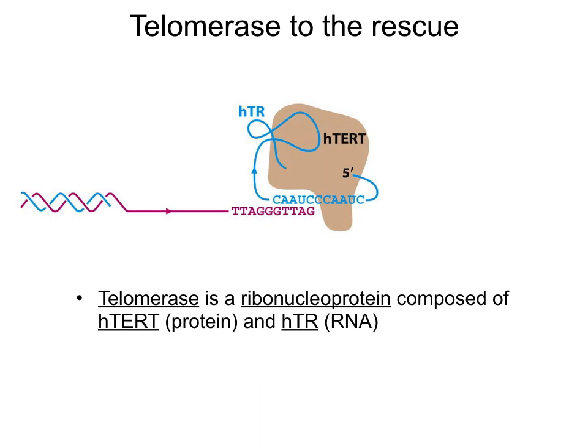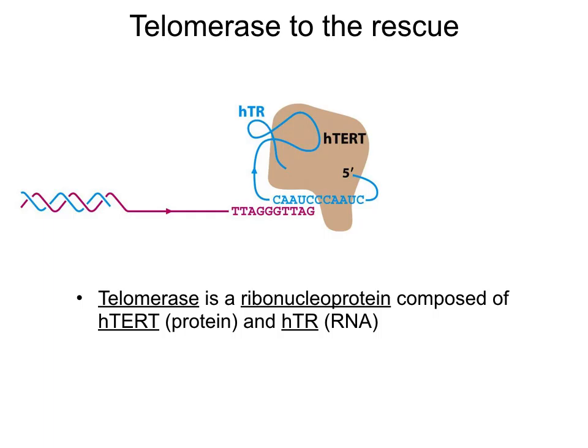The particular enzyme required for telomere formation is called telomerase. And telomerase is interesting. Telomerase is a ribonucleoprotein, so it has a protein component, and indeed the catalytic component is a protein enzyme.